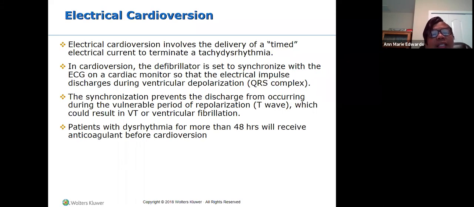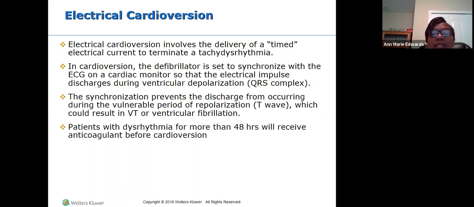So now let's look at electrical cardioversion. This involves the delivery of a timed electrical current to terminate a tachydysrhythmia. In cardioversion, the defibrillator is still used, but it is set to synchronize with the ECG on a cardiac monitor so that the electrical impulse discharges during ventricular depolarization.